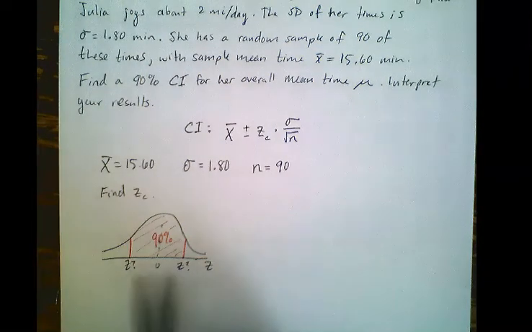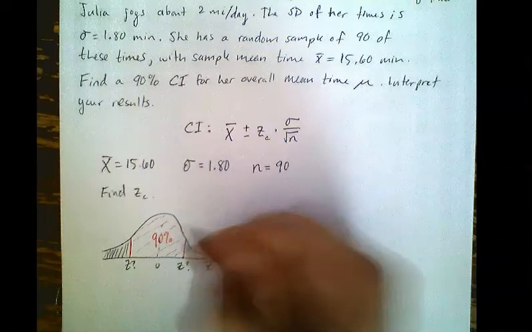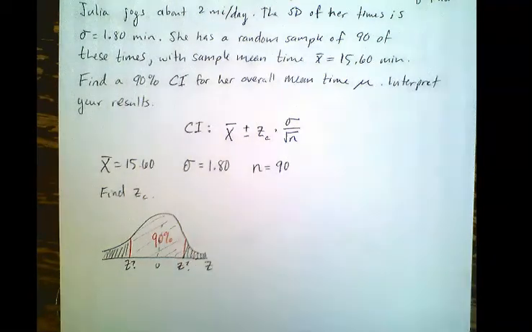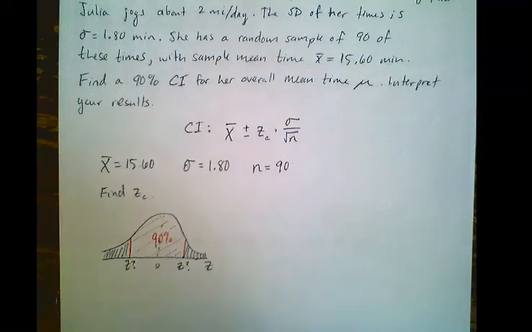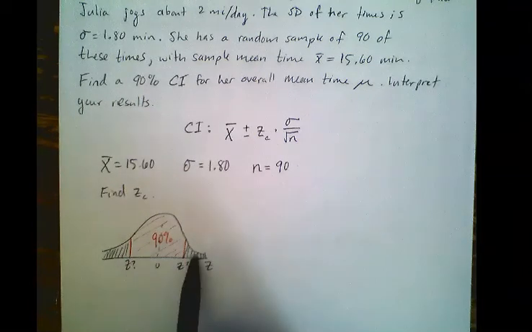So again, to get those, we can just use the inverse norm feature once we know the areas here and here. Okay. So how much area would be in each tail if 90% is already accounted for? Well, there would be 10% cumulatively in both tails.